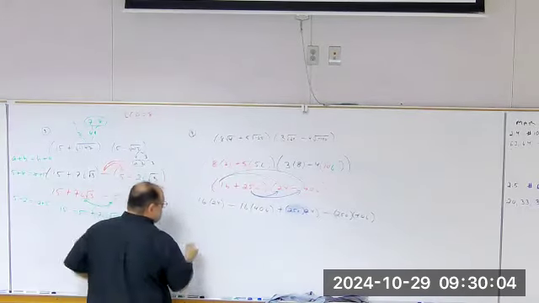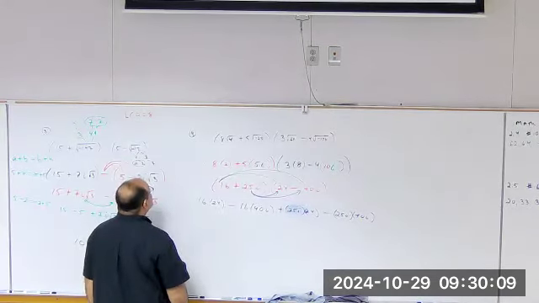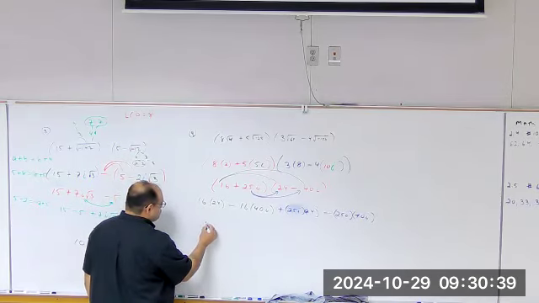Okay, this. 16 times 24 is 384. All right.